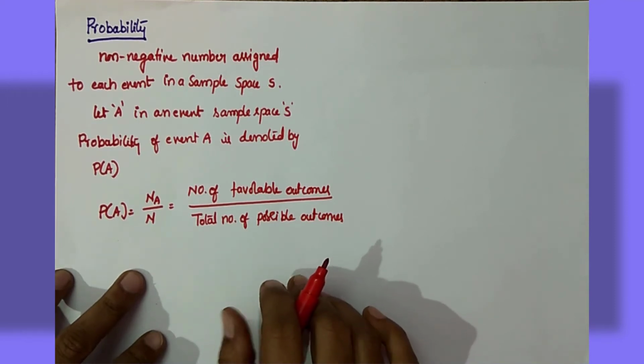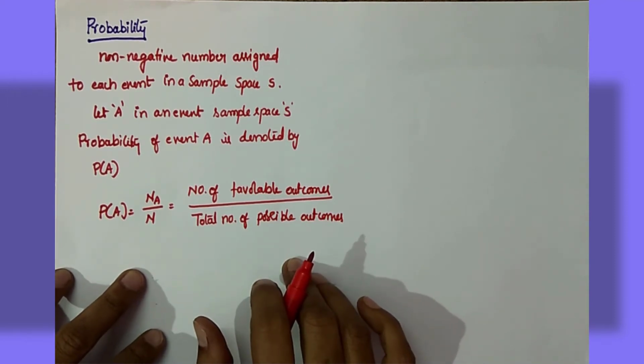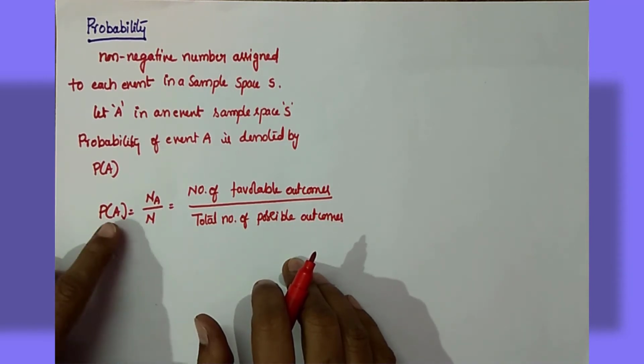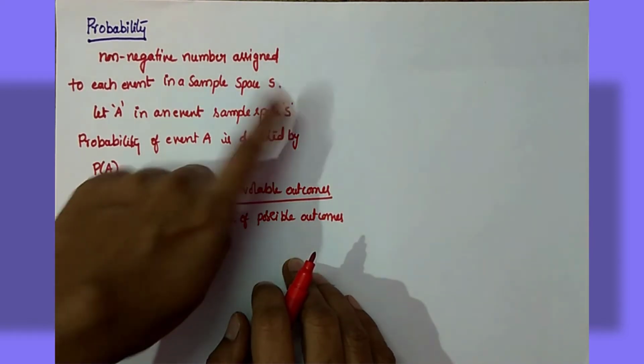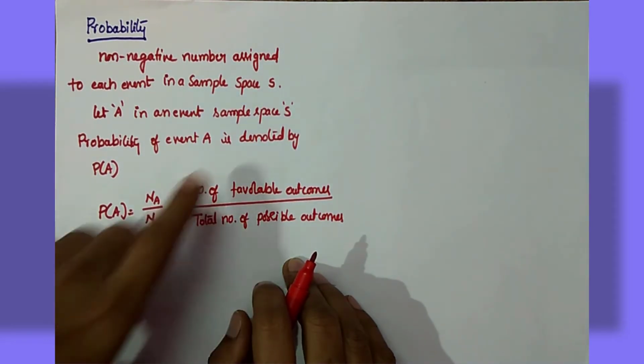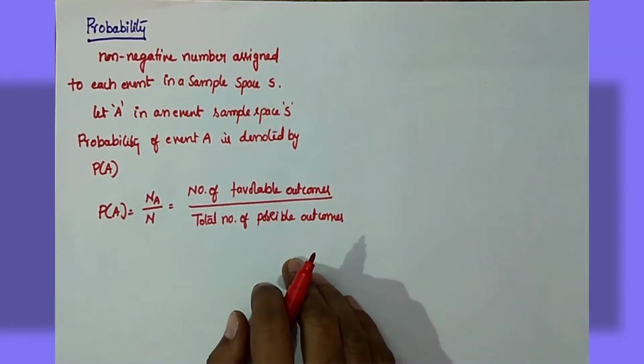I'll explain this. It is the ratio of the number of favorable outcomes of the event A divided by the total number of possible outcomes in the sample space S. We first consider the sample space S, which consists of all possible outcomes.